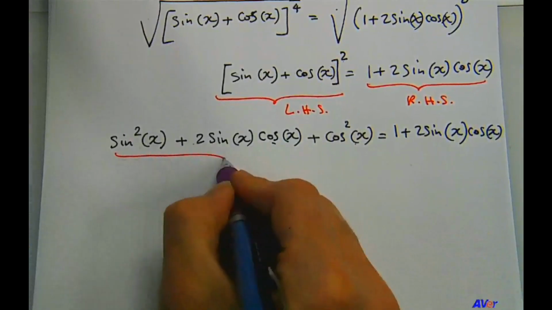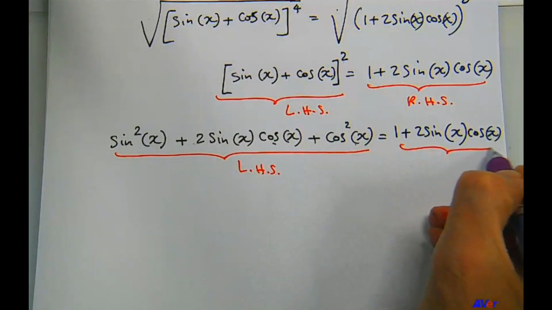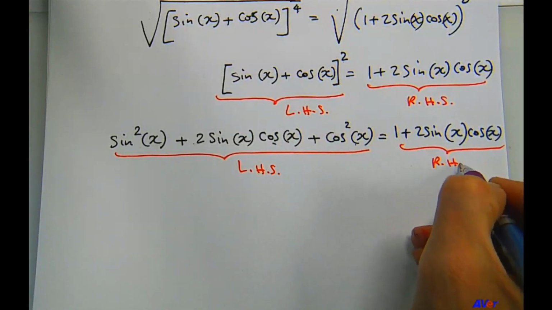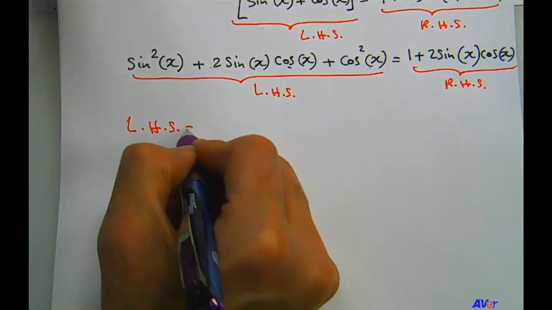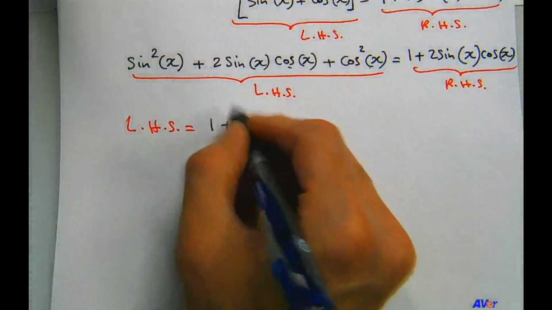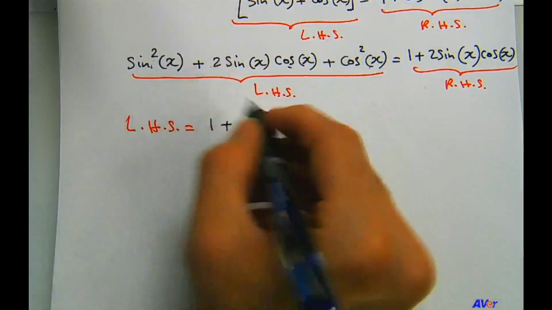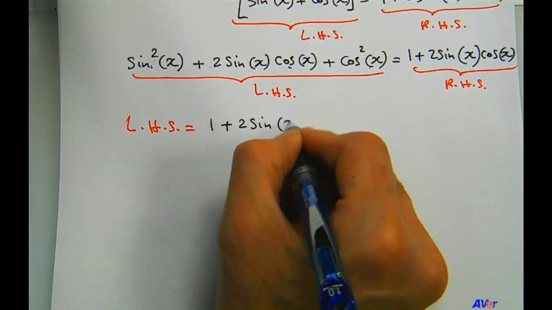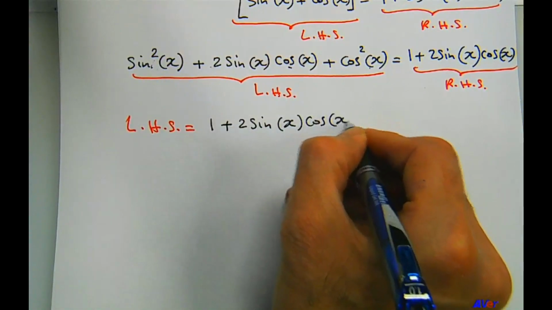Okay, so in here, here's the left-hand side and the right-hand side. Then I'm going to simplify the left-hand side. It's going to be 1, this sine squared x plus cosine squared x, plus the middle term, which is 2 sine of x times cosine of x.